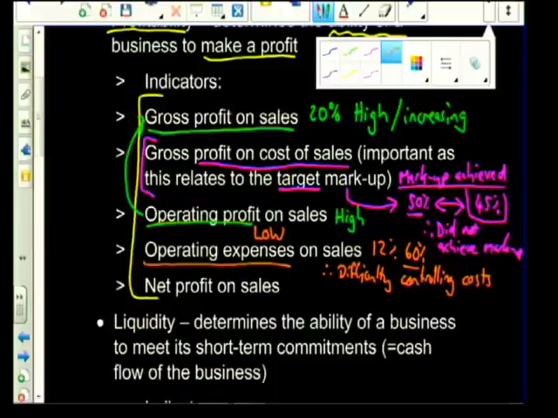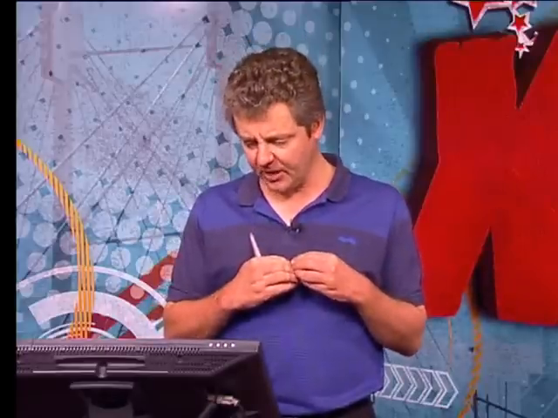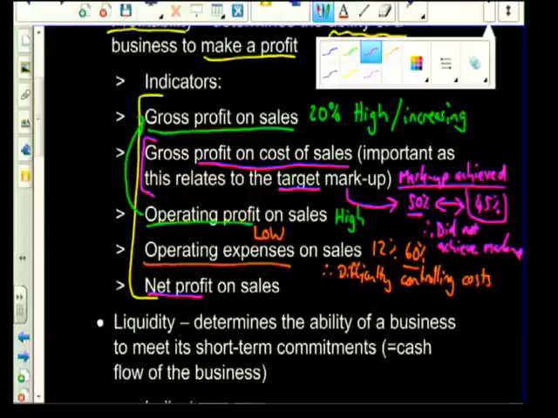Then our final indicator here is the net profit on sales, and that really is the key indicator which tells you how much you keep for yourself after all of your expenses and all of your incomes have been considered. And the same as the previous two, gross profit and operating profit on sales, these three here that I've marked in pink are all interlinked, and we all want them to be as high as possible, or at least increasing from last year.